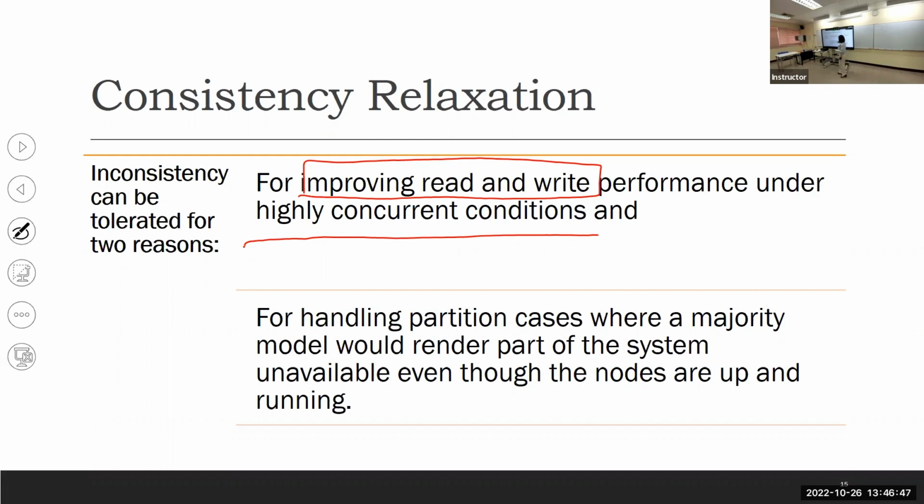And also when there is network partitioning, as we discussed, you need to choose whether you make your system unavailable or you tolerate the inconsistency during that network partition period. Okay.